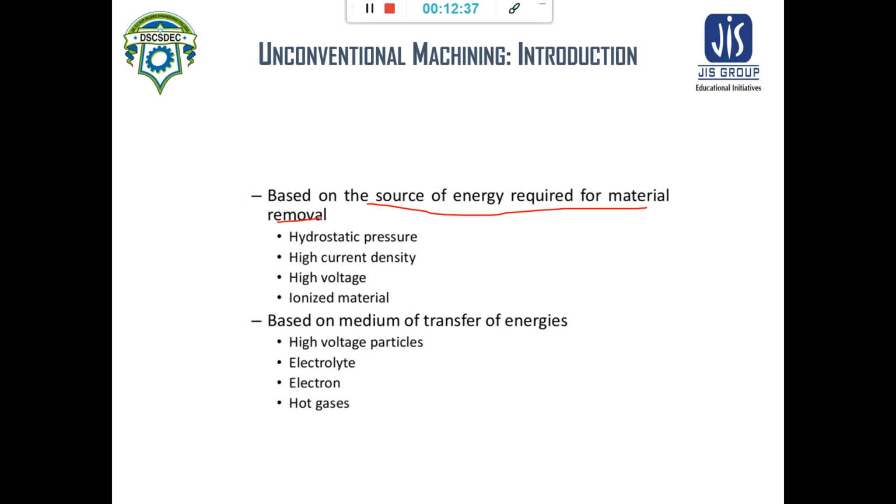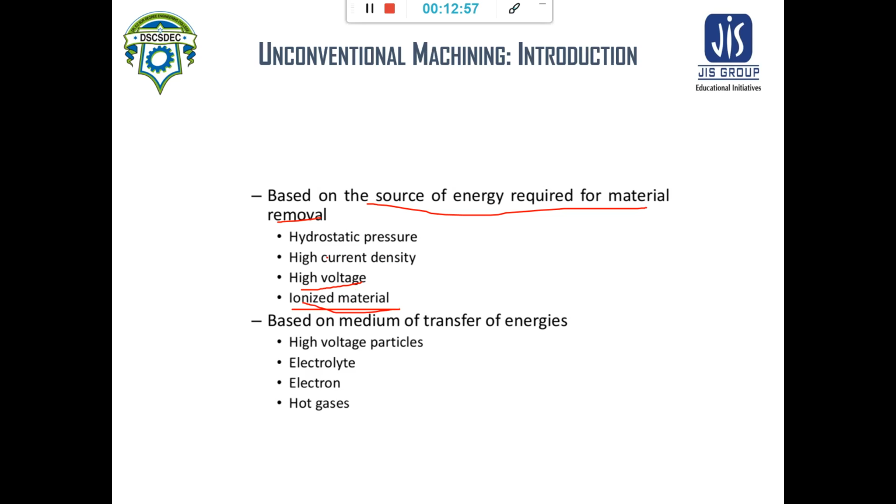Next, if the material is removed by high current density, at that time the process is known as a high current density process. Next, similarly, high voltage and ionized material.